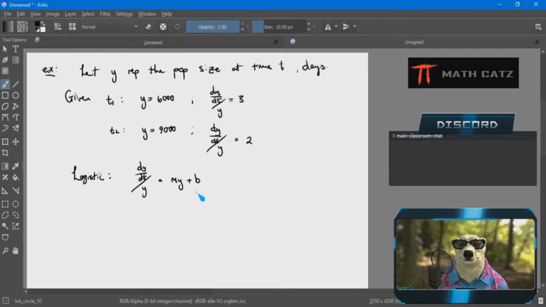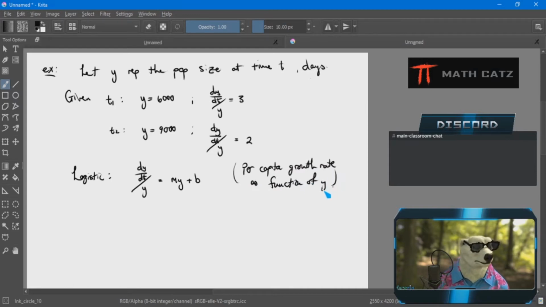That's the same as if we had to find y equals mx plus b given 2 points. We have 2 points here. But the point is this linear function is the per capita growth rate as a function of y. So that might be the little adjustment we need to make.